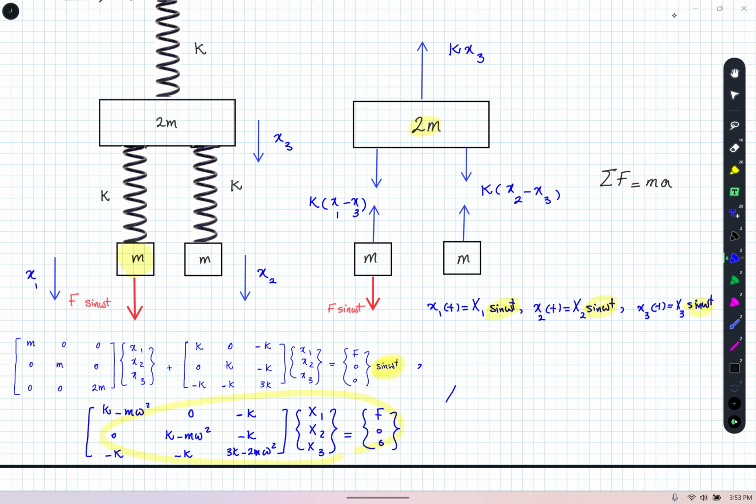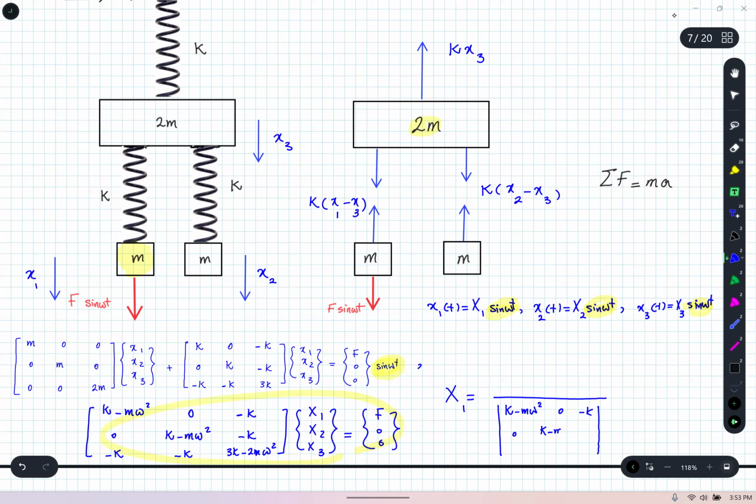x1 will be, we use the Cramer's approach, which on the denominator we have k minus m omega squared, 0, minus k, 0, k minus m omega squared, minus k, minus k, minus k, and 3k minus 2m omega squared.